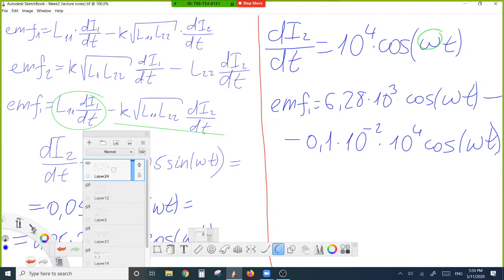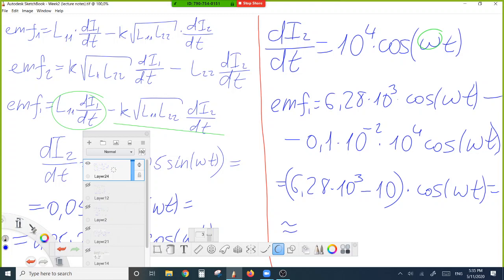If we compute all this, we have 6.28 10 to the 3 minus 10 multiplied by cosine omega t, and this doesn't change our result a lot.